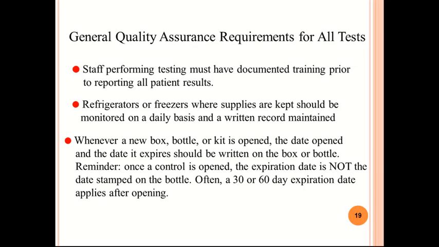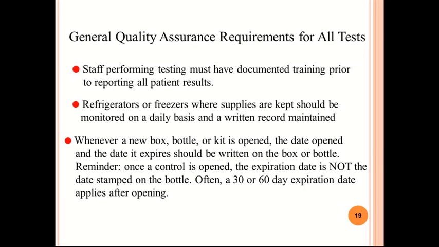These refrigerators and freezers usually have either one thermometer, and in some facilities they require two thermometers, and daily monitoring must fall within a certain criteria. Those are in written records, and usually those records are hung right on the refrigerators and freezers.